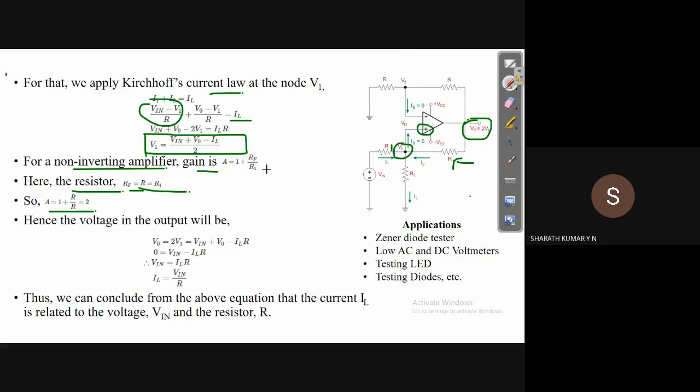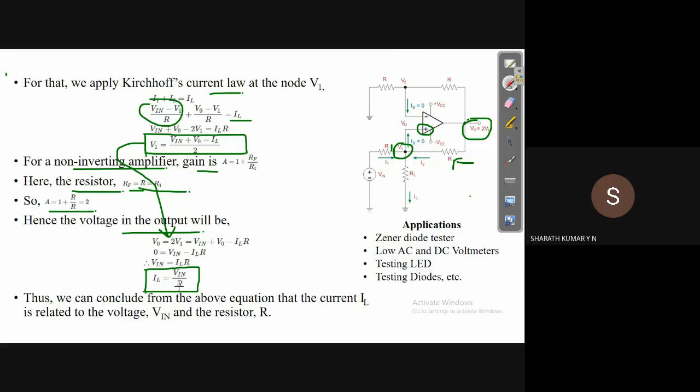That is V1. When we substitute this in the expression for V1 and simplify, we get the expression for IL, the current flowing through the load, as Vin divided by R, where R is a fixed, constant resistance.